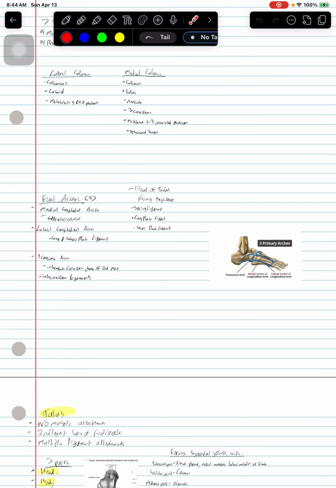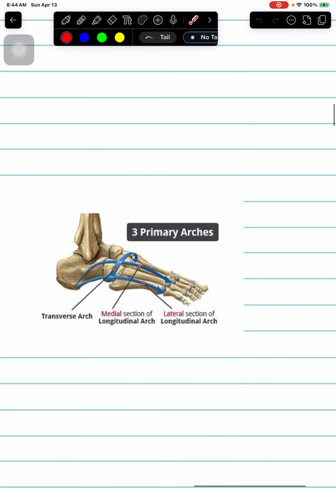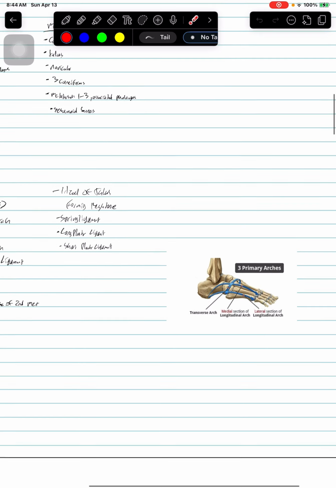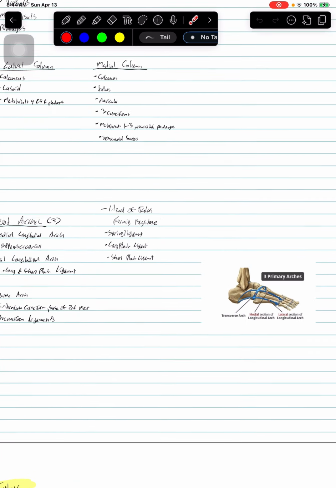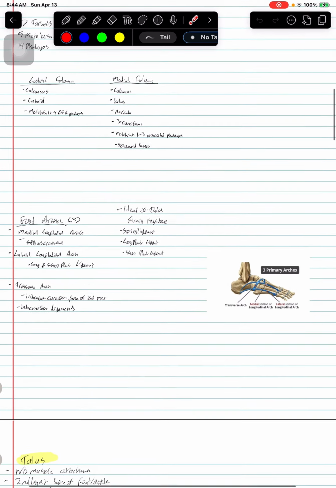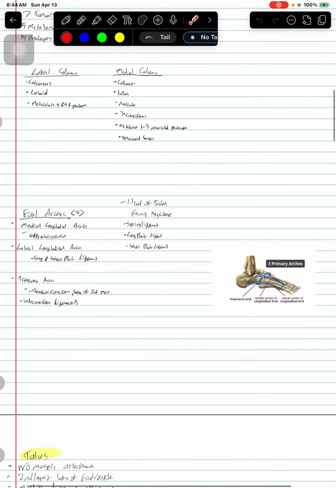The foot is made up of 3 arches. You have the medial longitudinal arch. Zoom in here. Your medial longitudinal arch is made up of your calcaneus bone and other bones within the foot.